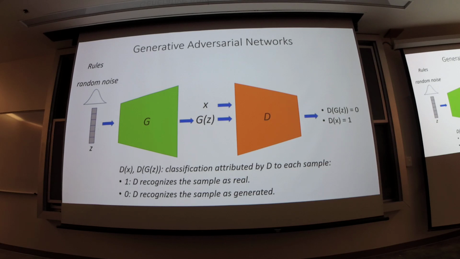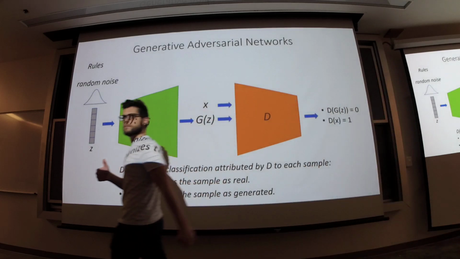Yes, the whole thing, to generate samples. And yes, of course you have to update the parameters in the generator and the discriminator, right? I'm going to talk about how you do it in a second. Okay? We good?